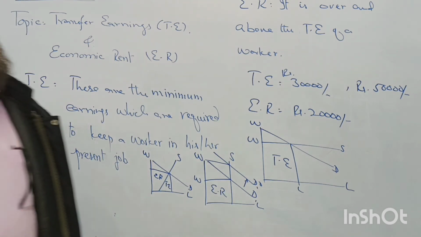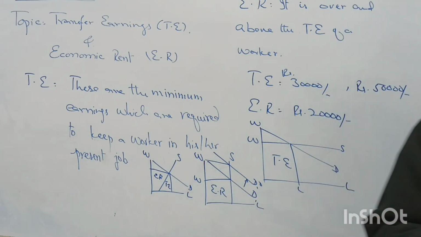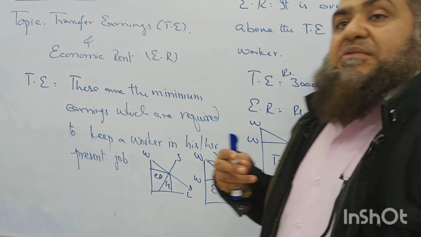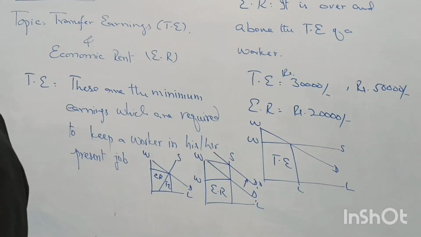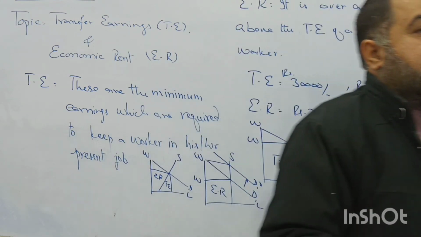Clear? You studied normal profit of a firm and abnormal profit of a firm. Normal profit is that which is paid to the entrepreneur according to their opportunity cost. The firm is left with nothing extra, as every factor of production is paid according to the opportunity cost. Alright? But when a firm is earning supernormal profit, that is over and above the normal profit, that is the economic rent of that firm. That is more than the opportunity cost of that firm.